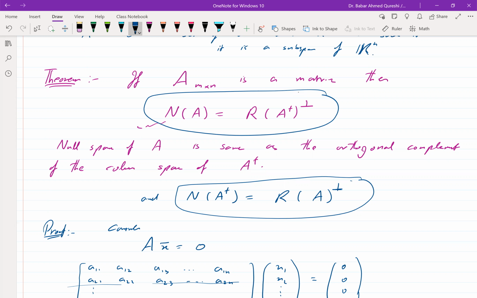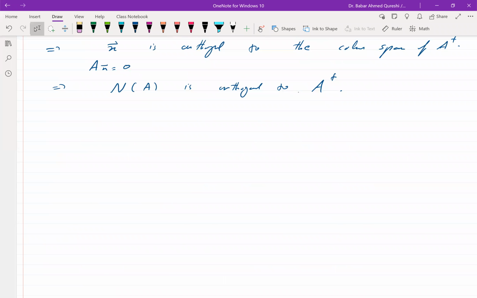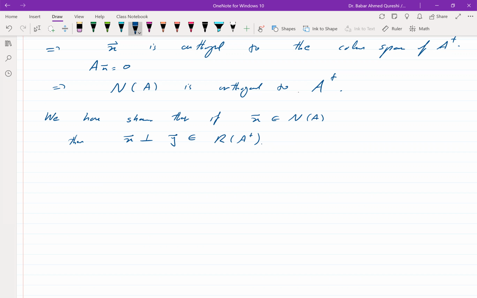So how do we see that? We have to prove the other way around. We have shown that if X belongs to the null space, then X is perpendicular to every Y belonging to the column space of A transpose.